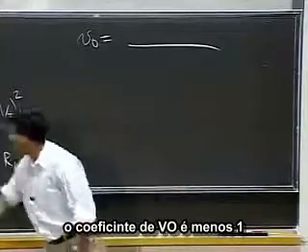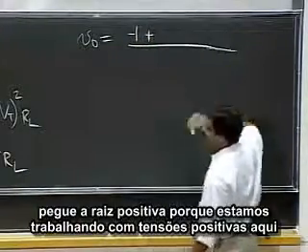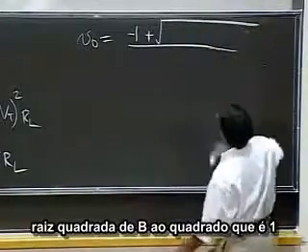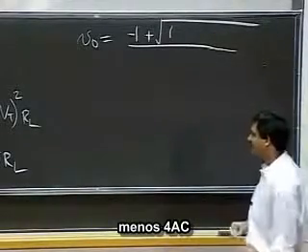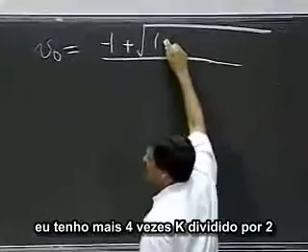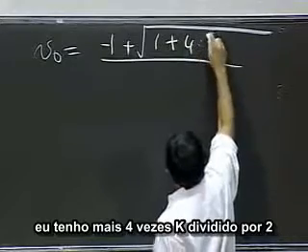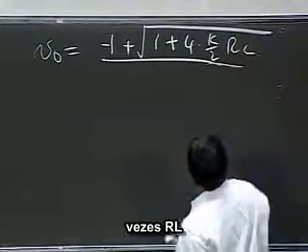So the coefficient of V naught, that's b, is minus 1. Take the positive root because we're up in the positive voltages here. The square root of b squared, that's 1, minus 4ac, so I get a plus, plus 4 times K divided by 2 RL.